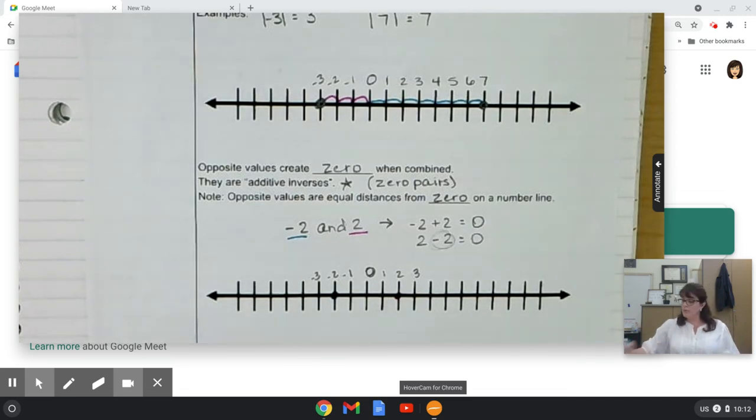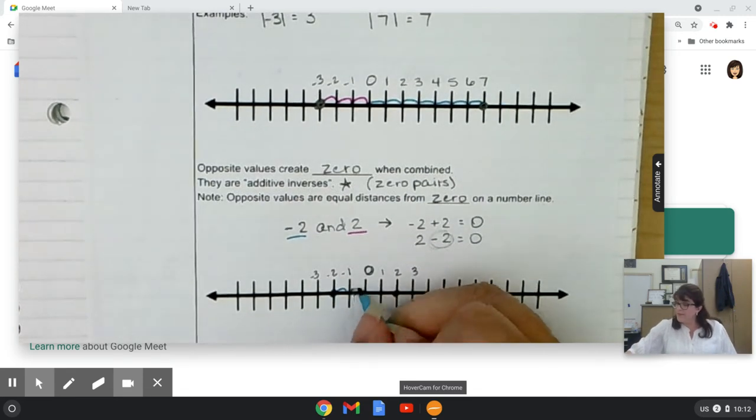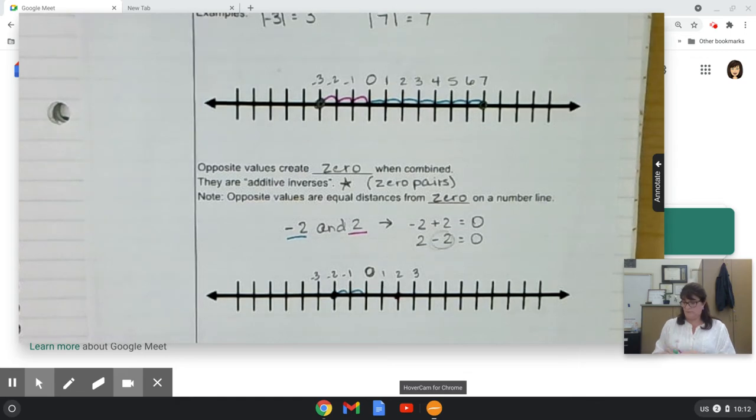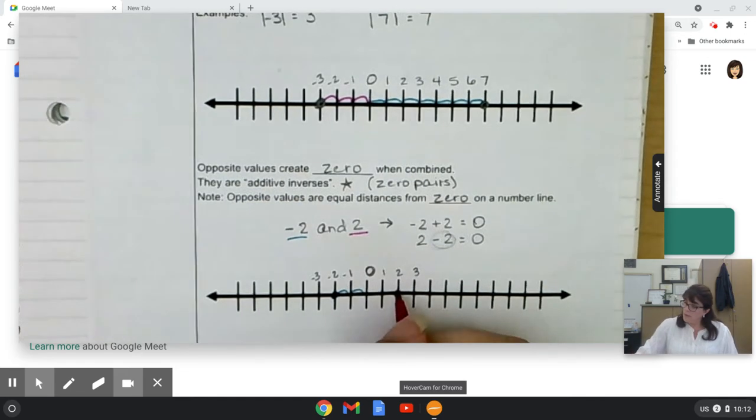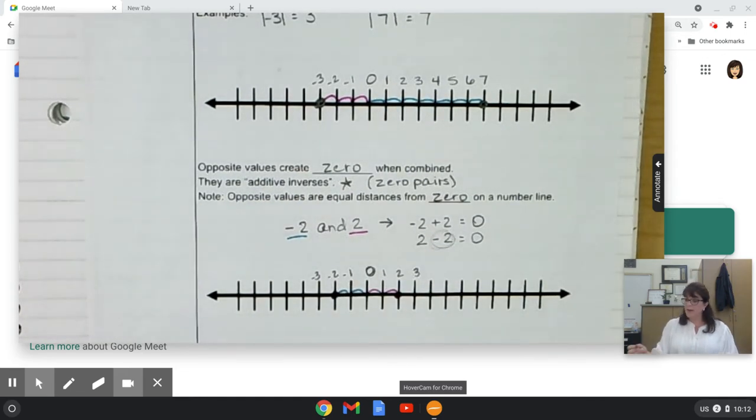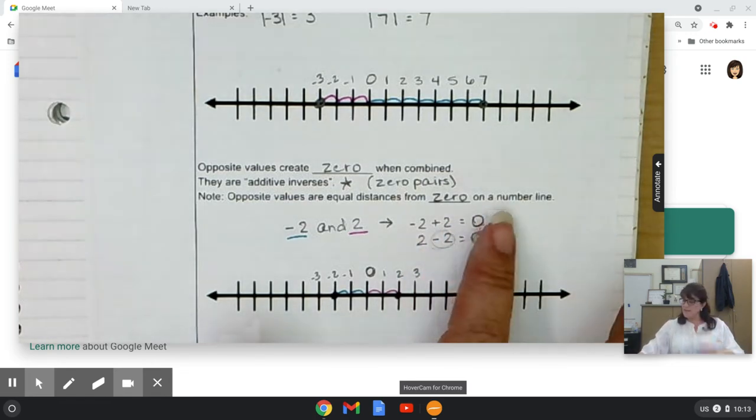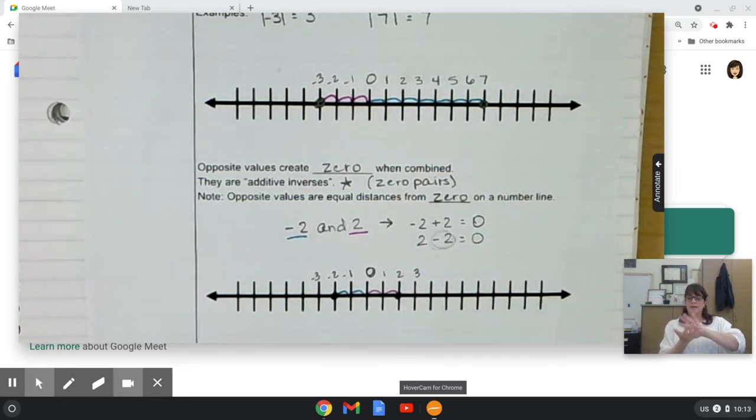Each of them is 2 units away on the number line. That's what makes them opposite. And the only reason we're really studying that is to get this idea of additive inverses that cancel each other out. It's going to become incredibly important in algebra.